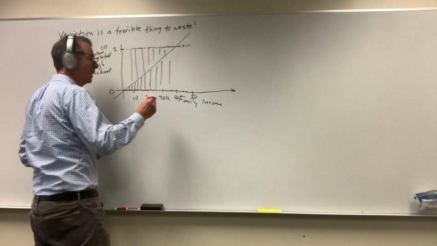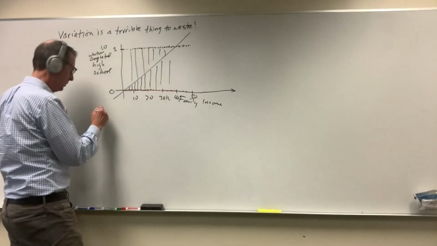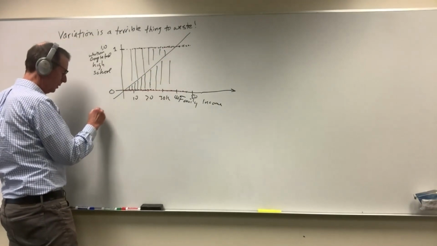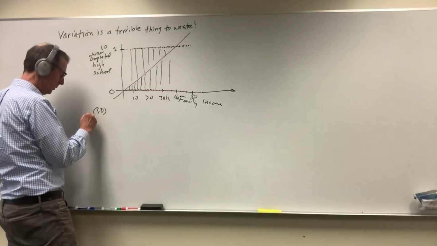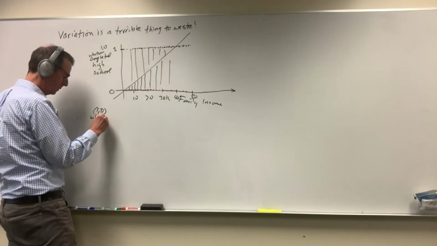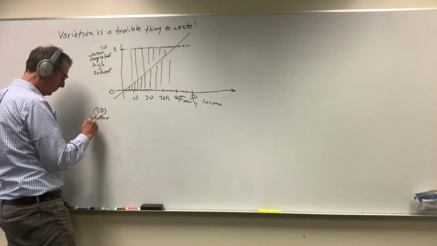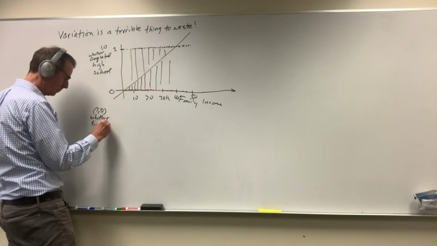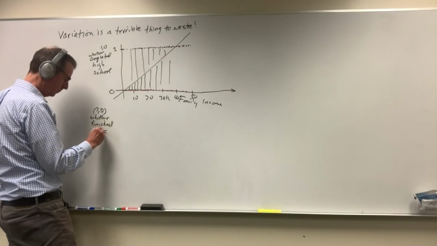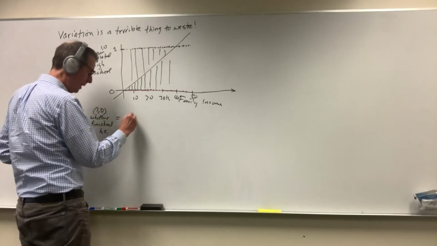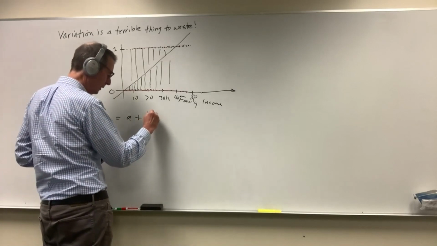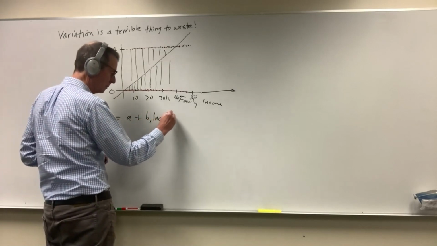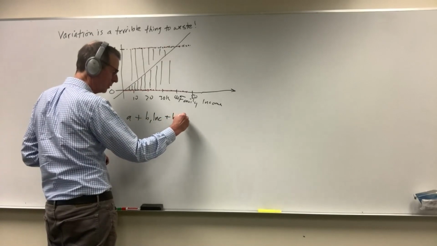And you'll get a slope, right? The equation will be a 1-0 whether finished high school is A plus B1 income plus B2 other controls.